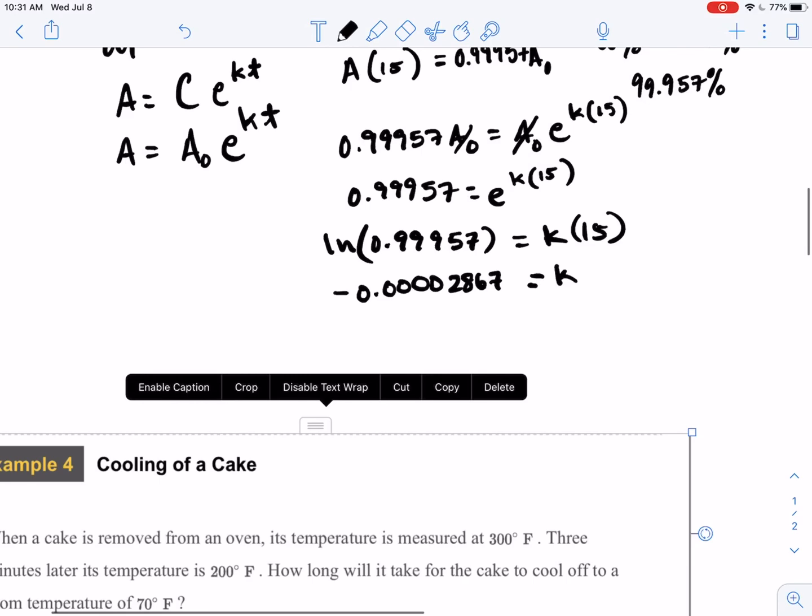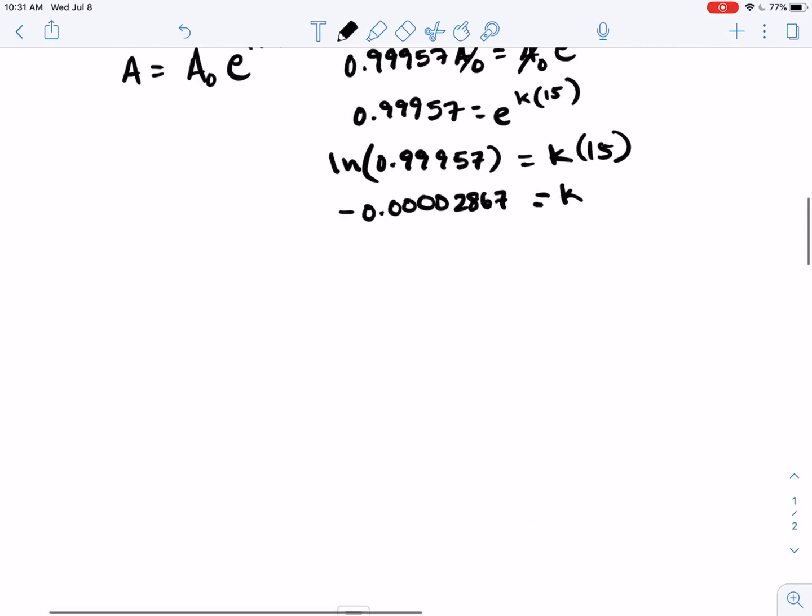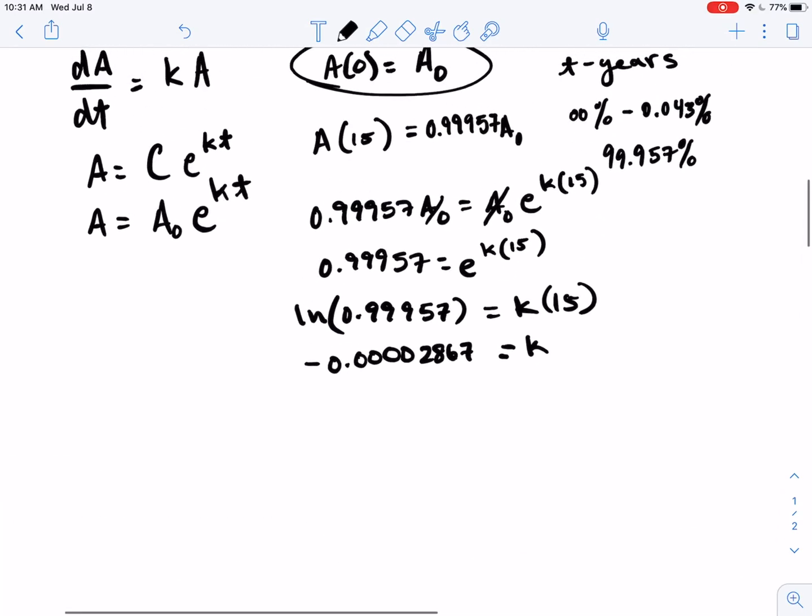Let me move this down. With this you're going to get decimals, but just try to stay consistent. I don't want to round too much because I want to use the whole thing. Okay, so I'm going to write this into our equation.